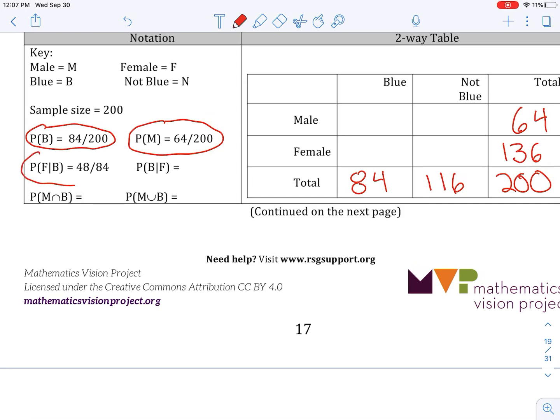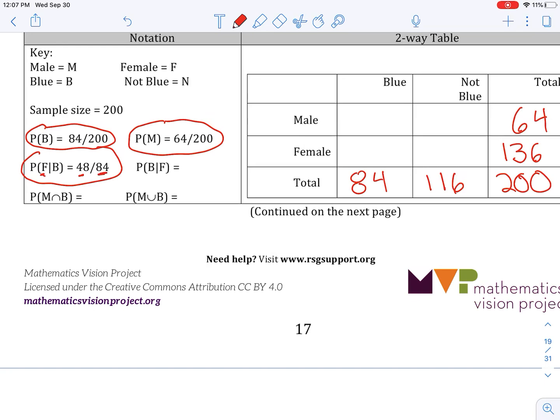Now let's go for some other numbers. Okay, so I'm going to look at this next. So this tells me probability of female given blue. Okay, so this says that out of all the blues, 48 of them are females, okay?